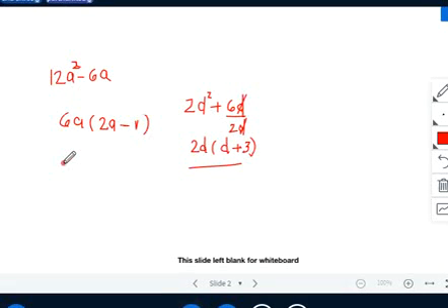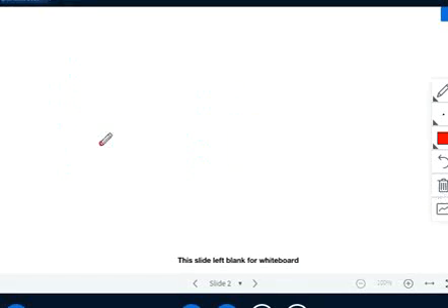Now, next one, this. It's 12a squared y plus 8a squared x.